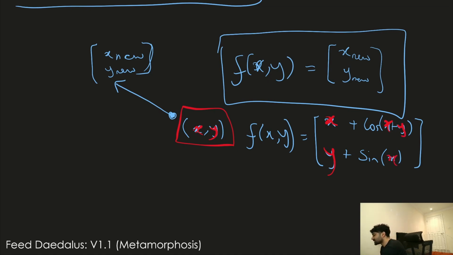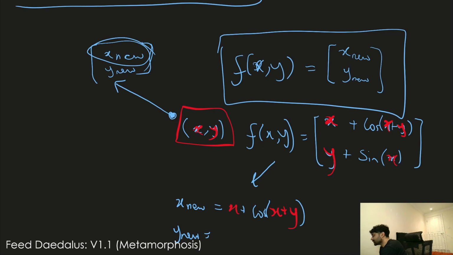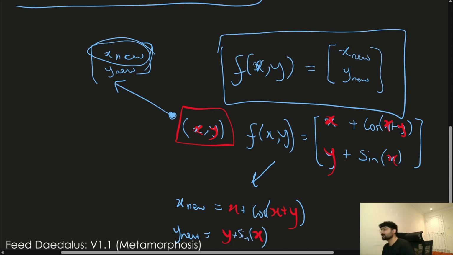So what I'm saying is, the x new, i.e. the new x location, is going to equal x plus cos y, and then the y new is going to equal y plus sine x.